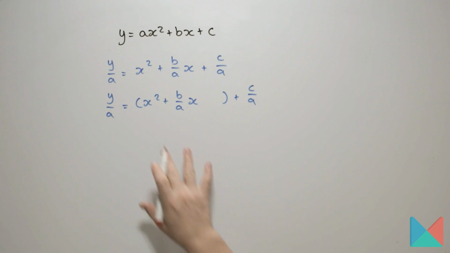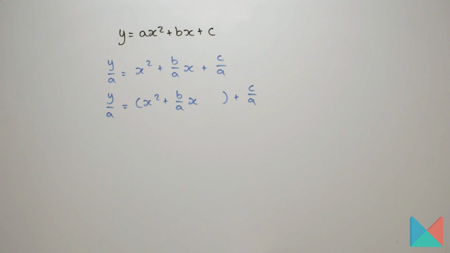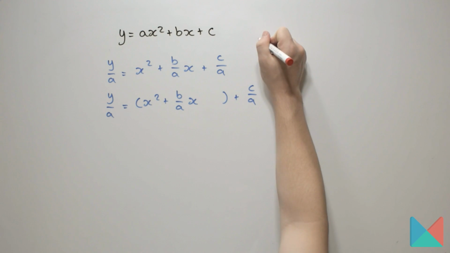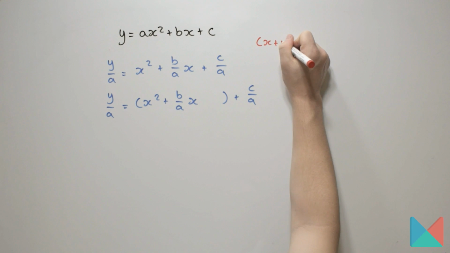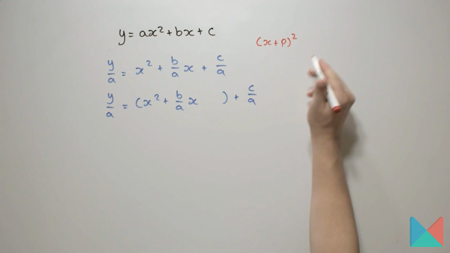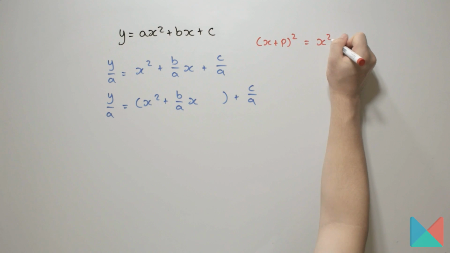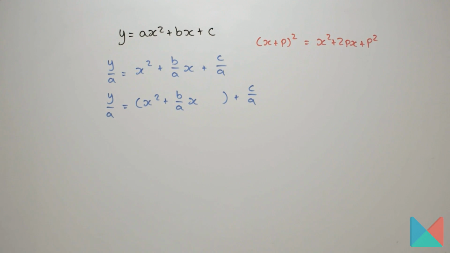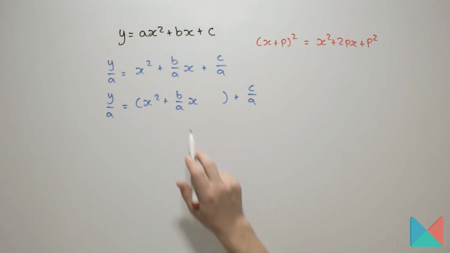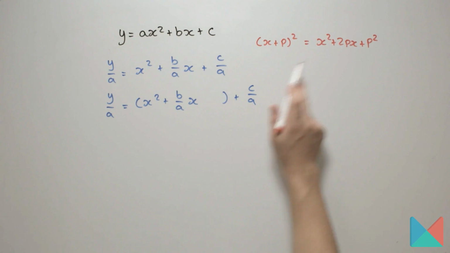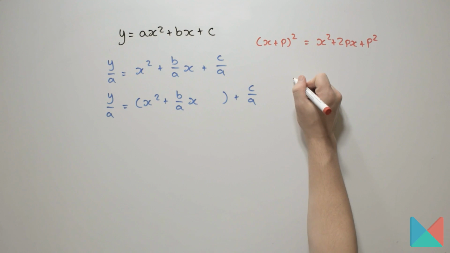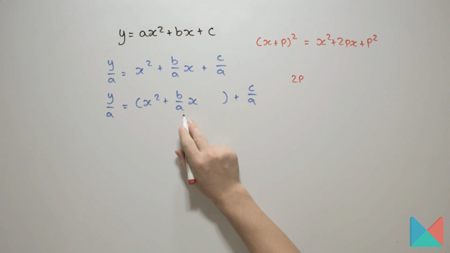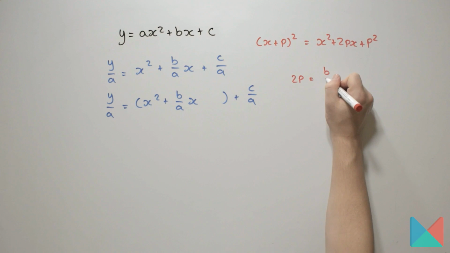And now we want to convert whatever's inside the brackets into a perfect square binomial. So rewriting that general statement up here, we get x plus p squared is our perfect square binomial, and this expands into x squared plus 2px plus p squared. And so by matching the coefficient in front of the x, we get an equation 2p equals b over a.